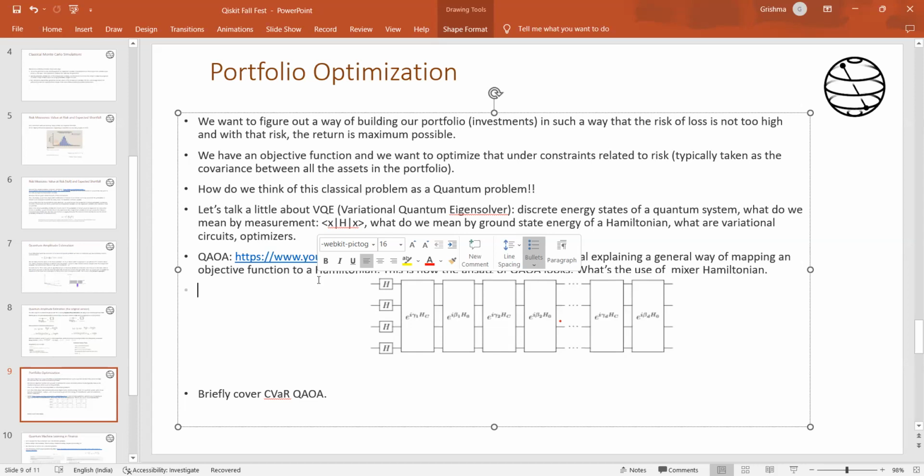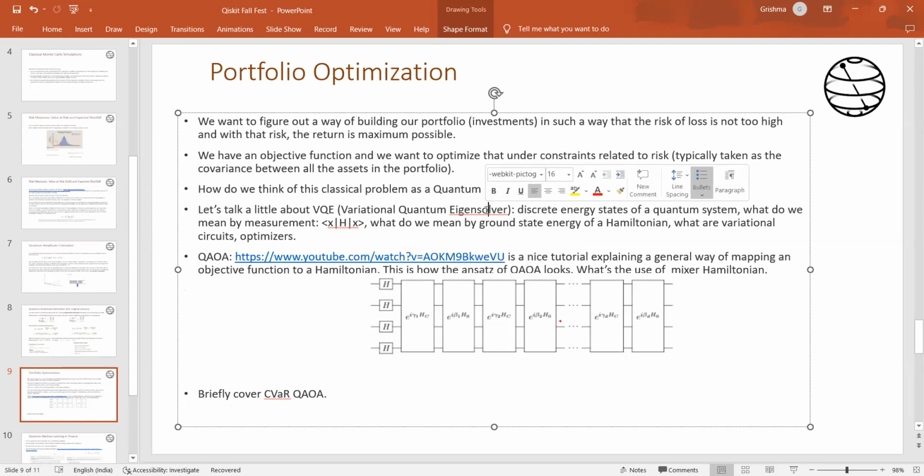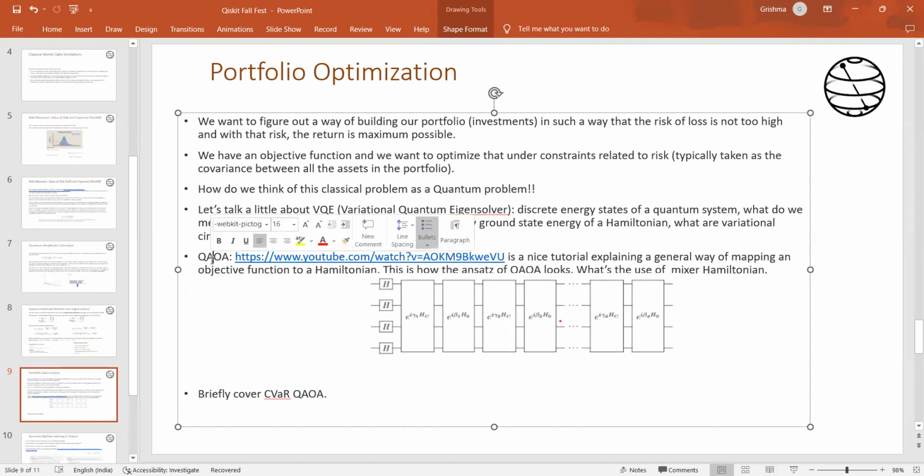Energy states are basically the eigenstates, and the corresponding eigenvalues are the energy values of those eigenstates. So your Hamiltonian is representing the energy of your quantum system. So in finance, one very popular algorithm that is commonly used in all these.